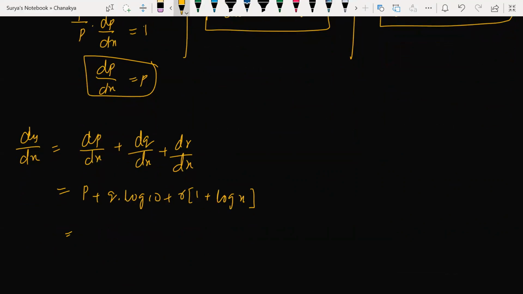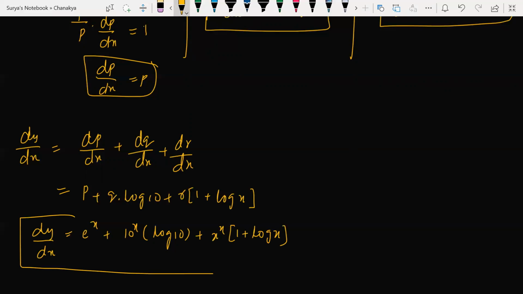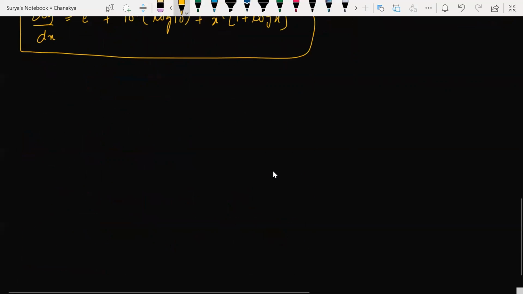Basically, p means e to the power of x, q means 10 to the power of x log 10, r is x to the power of x into 1 plus log x. This is my dy by dx. Hope you got clarity. Any doubts here? No, sir. It's a very simple question actually. Yeah, we'll move forward.